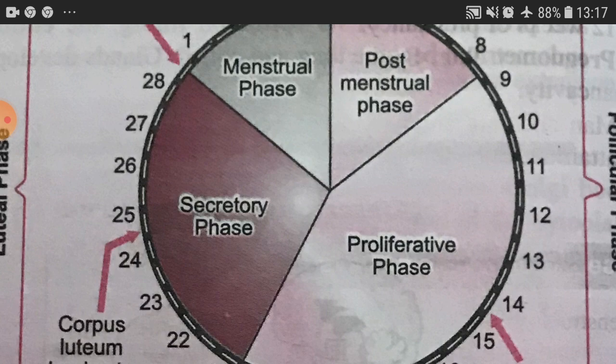Now, during pregnancy, HCG is detected in the urine, and this forms the earliest sign of detection of the pregnancy.